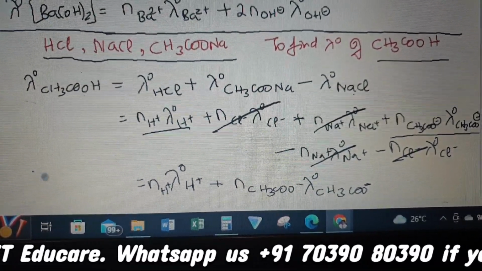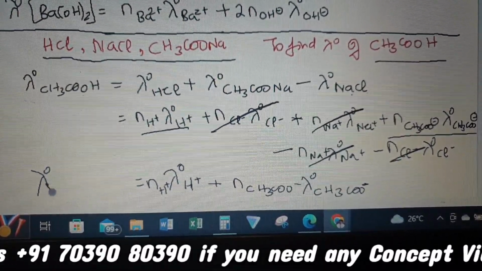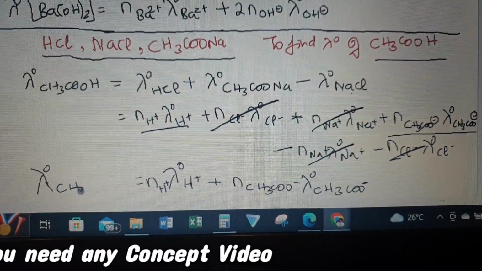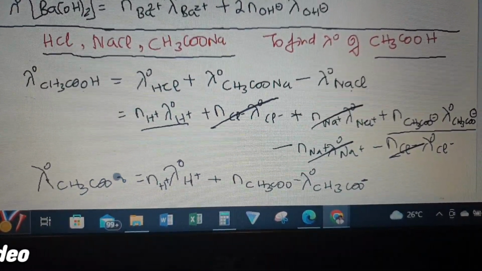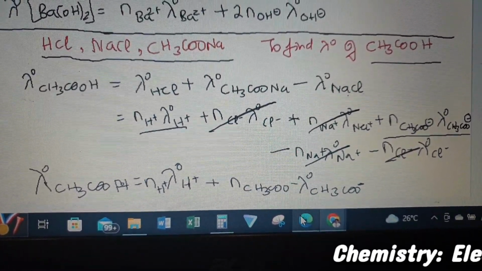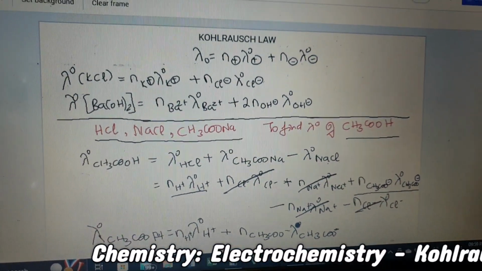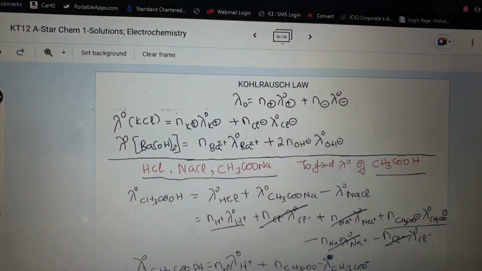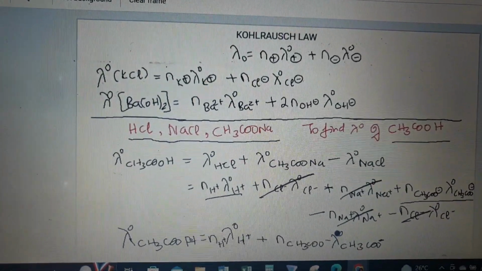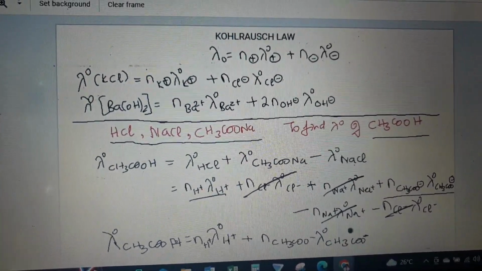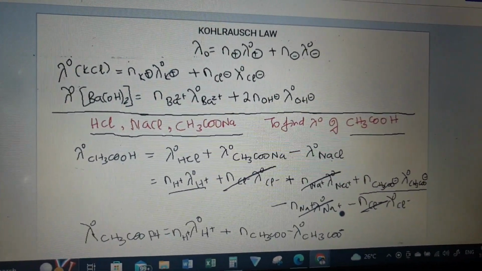This will give you the total final molar conductivity of acetic acid. I hope this is very clear how to apply Kohlrausch law for finding out the molar conductivity of weak electrolyte. Thank you.